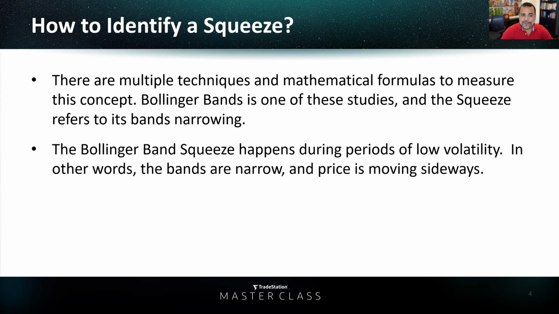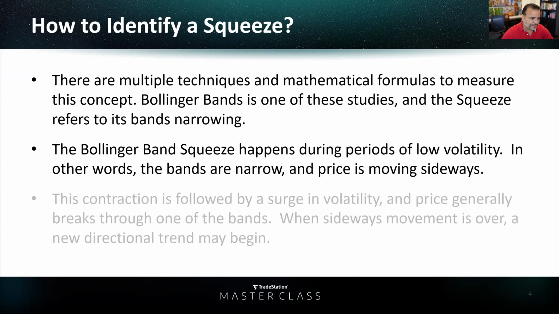So it does happen during low volatility. We already talked about what happens to the price during low volatility. There's a manner in which the prices move, which is kind of a horizontal, consolidating way. So the bands narrow or they get closer to each other.